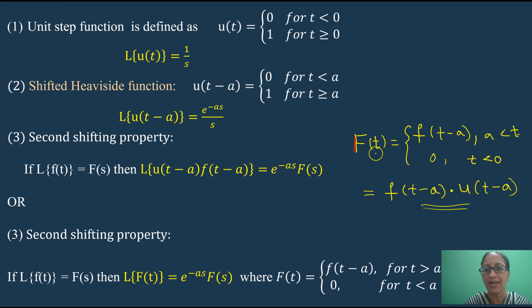So capital F of t can be written as f of t minus a into u of t minus a, or u of t minus a into f of t minus a. Both are the same. So we have expressed capital F of t in the form of u of t minus a into f of t minus a.